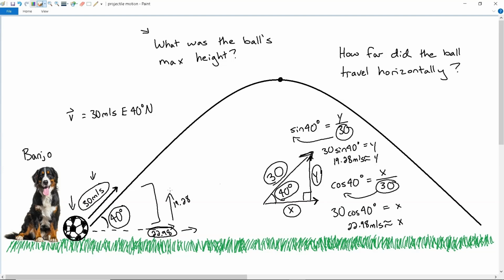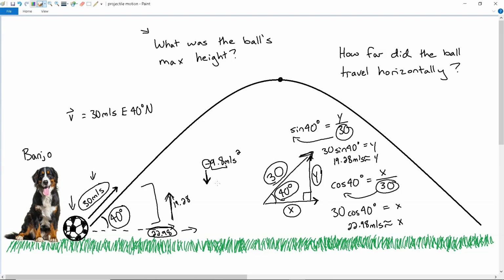But in the vertical direction, we do have the force of gravity, and for our purposes in physics, we're going to use the value of negative 9.8 meters per second squared. That is the value of acceleration, and we put a negative because it's opposing motion, meaning the ball in this situation is moving upwards, acceleration is moving downwards. We want to highlight that with a negative value.